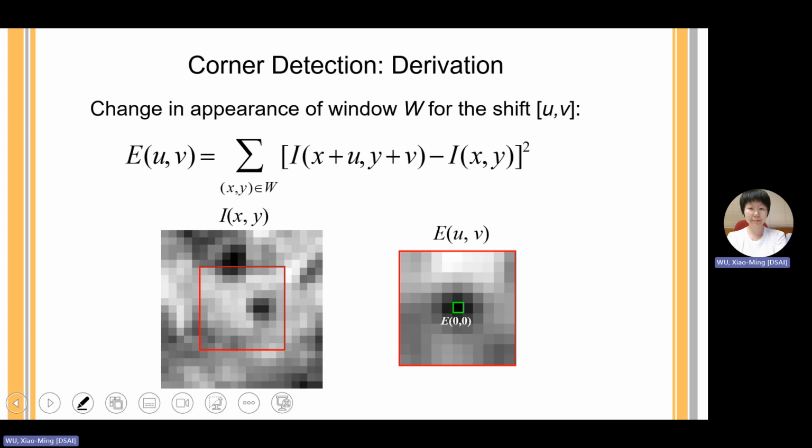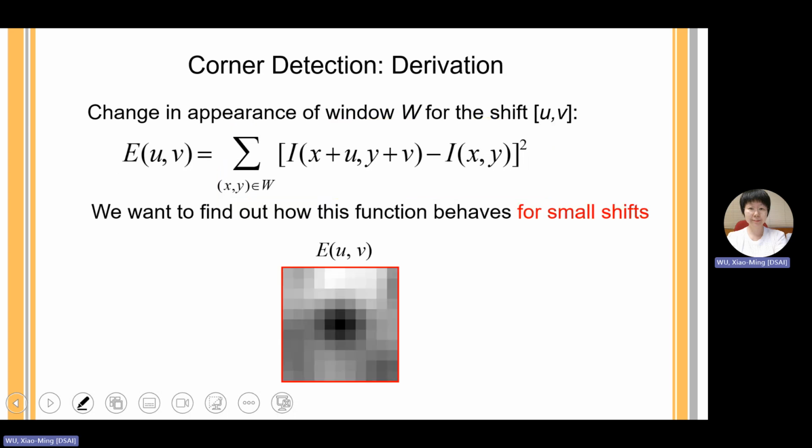Now let's take a look at the mathematics. How can we compute this? Once again, we only measure small shifts, because we want to be able to use image gradients to represent these changes.